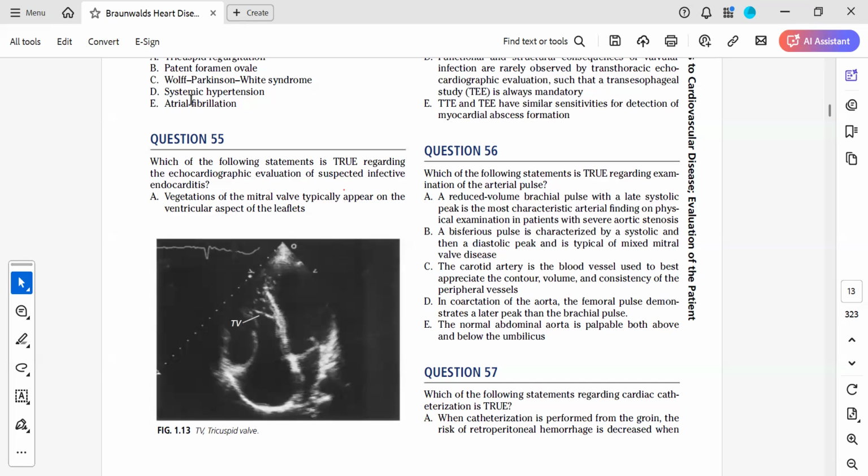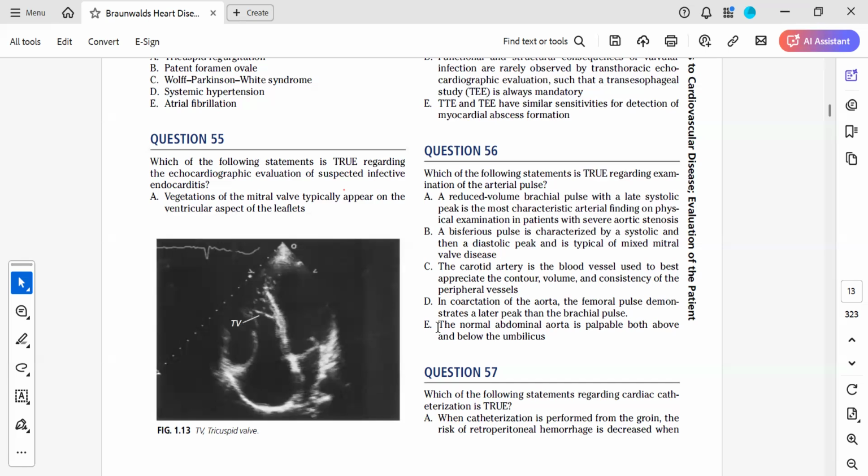So the next question is question number 7. Which of the following statements... Before you go to the next question, I wanted to say something. Option C says the carotid artery is the blood vessel that is best used to appreciate the contour, volume, and consistency of the peripheral vessels.